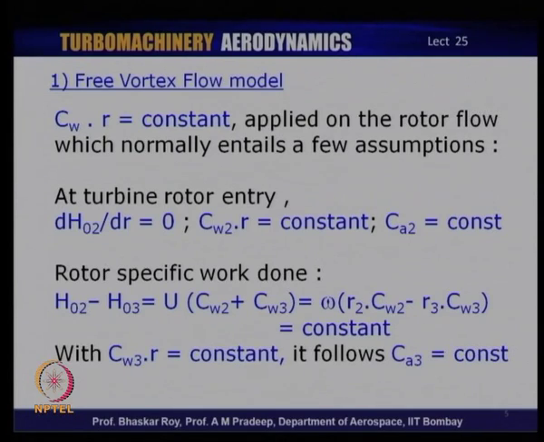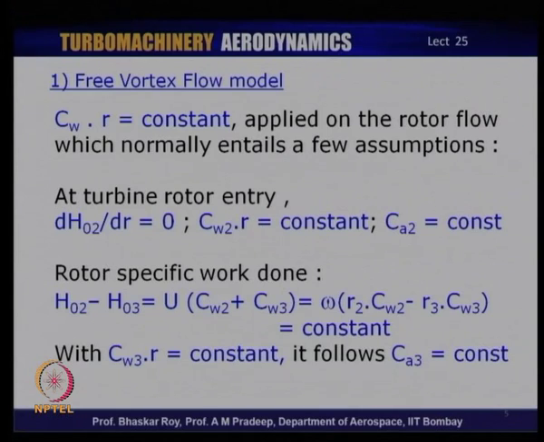If you invoke them in the turbine design, you end up getting a rotor specific work done, which is also normally part of the free vortex assumption. That rotor specific work done, that is H02 minus H03, normally we write it as U into (CW2 plus CW3) at any station, that is omega into (R2 CW2 minus R3 CW3), and this is constant from root to tip.